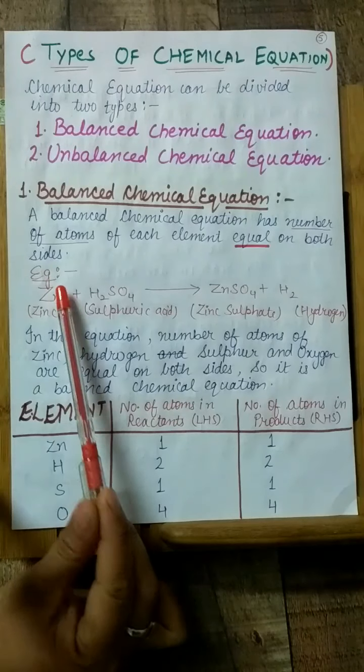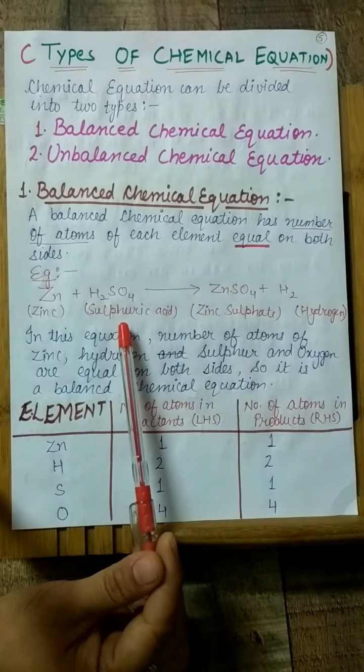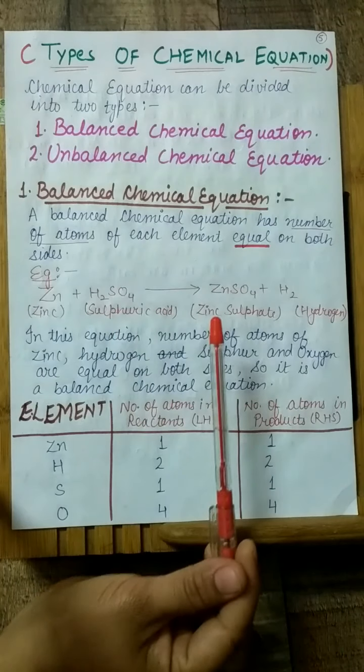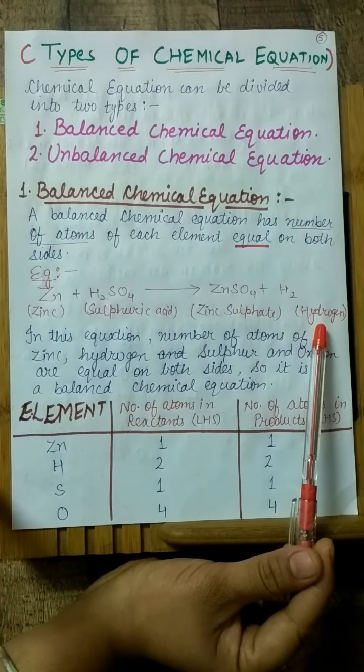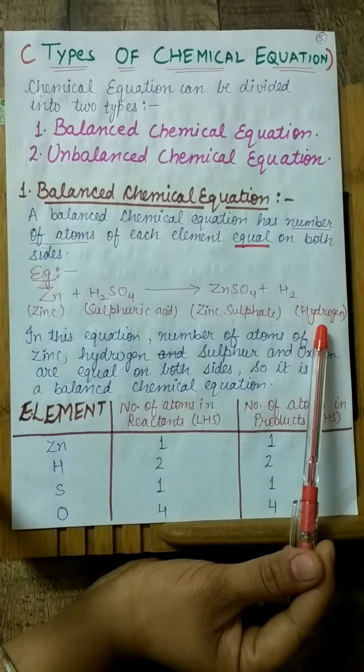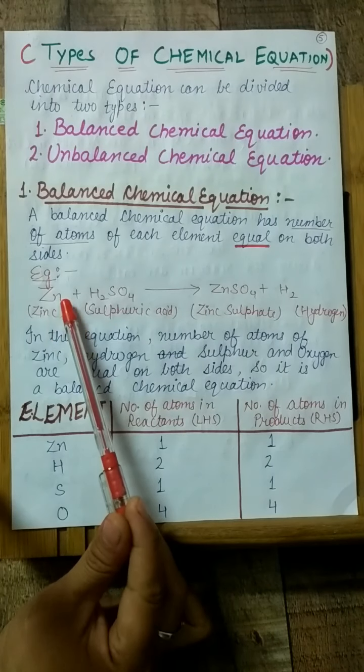What is the example? Here I have written: zinc reacts with sulfuric acid to form zinc sulfate, and hydrogen gas is produced along with it. As you know, the symbol of zinc is Zn.